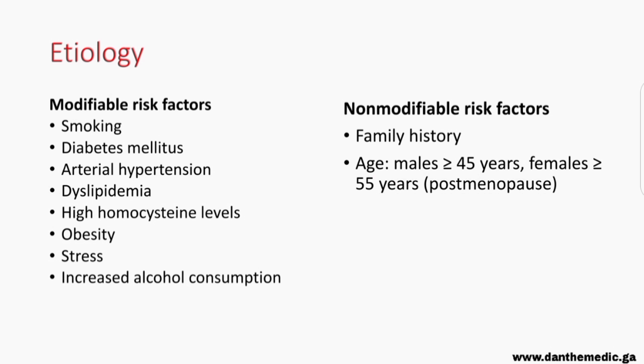And as for the non-modifiable risk factors, of course, we have family history and also age. So males that are 45 years and above and females that are 55 years and above. So that's postmenopausal women.